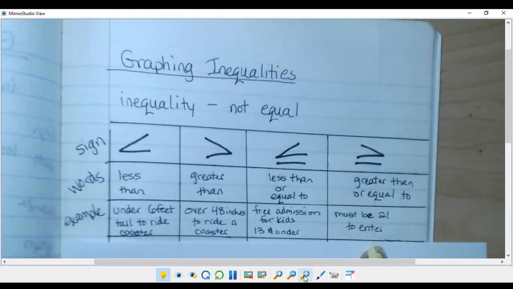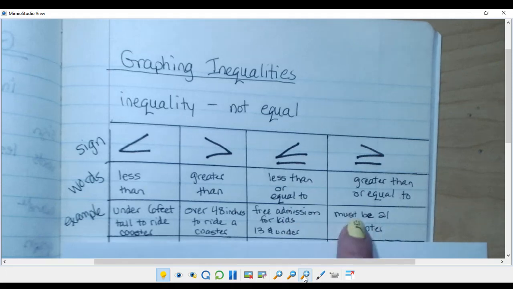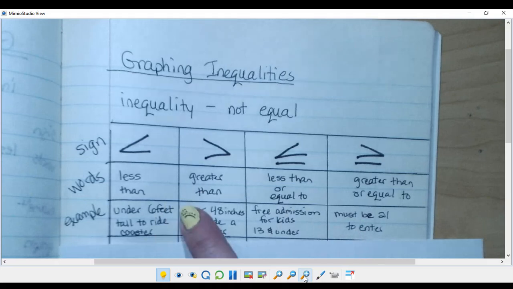Maybe it's a nightclub or a bar or a casino, and they've set limits. You must be 21 years old to enter. If today you are 20 and tomorrow is your birthday, you can't go in today, but at midnight, when you turn 21 officially, then you can walk in the door. Okay, so 21 allowed in, under 21 not. These two actually add one additional value over these two.